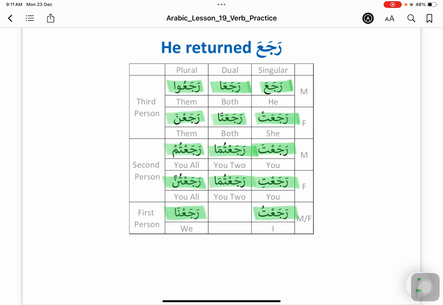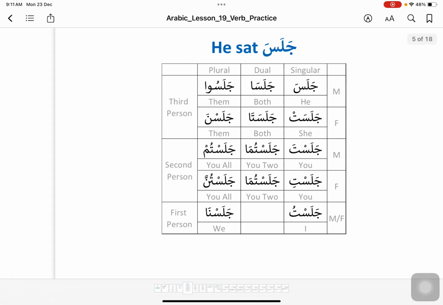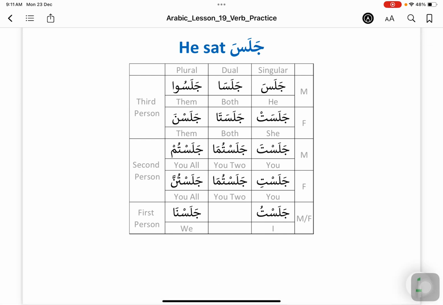So if you did the conjugation, you can check your answers, you check your practice to make sure that you did it correctly. The other one was jalasa, which means he sat. Jalasa, jalasa, jalasu, jalasat, jalasata, jalasna, jalasta, jalastuma, jalastum, jalasti, jalastuma, jalastunna, jalastu, jalasna.